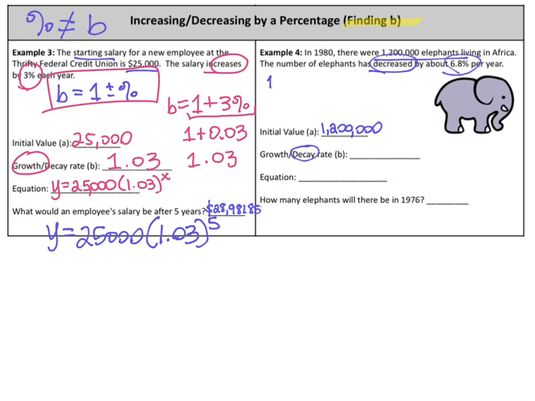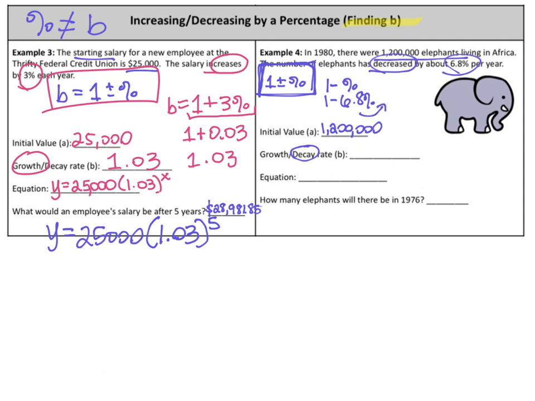And that means when we look at that 1 plus or minus the percentage, that's how to find the B value. We are looking at 1 minus the percentage. So 1 minus 6.8%.